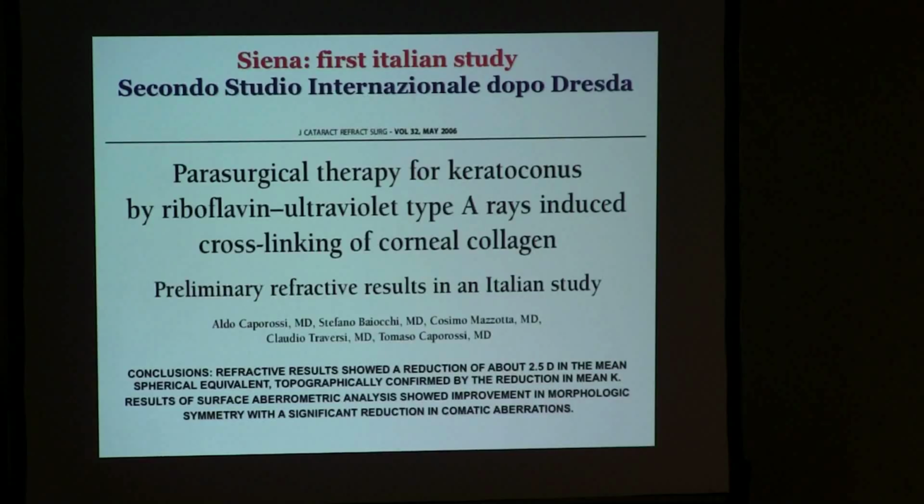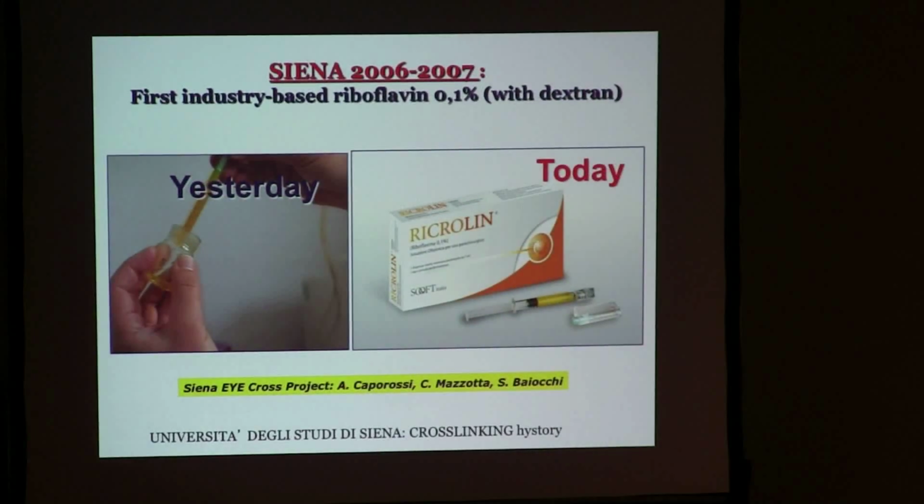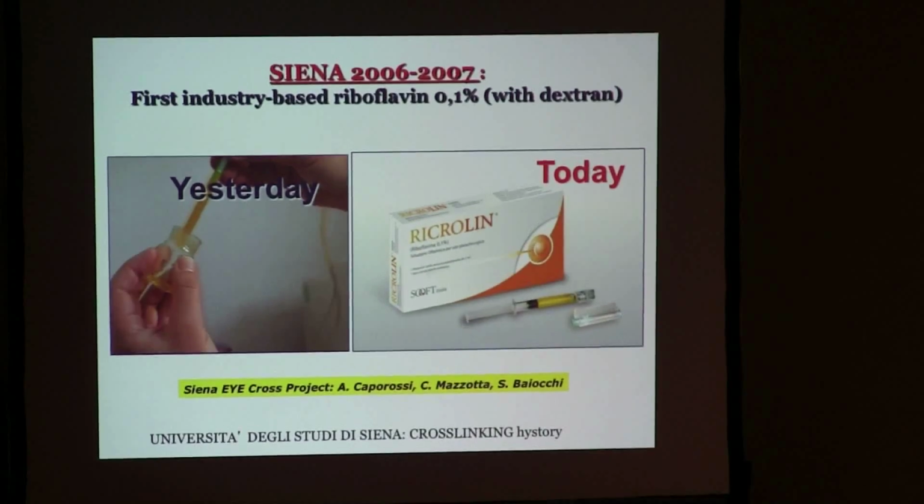What about Italy? Italy started the clinical study after about 6 years, and the School of Siena was a leader in this. They also took cross-linking into the market because they were responsible for the production of the first marketed riboflavin.